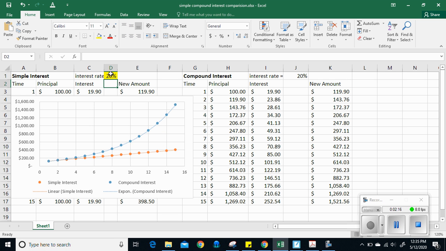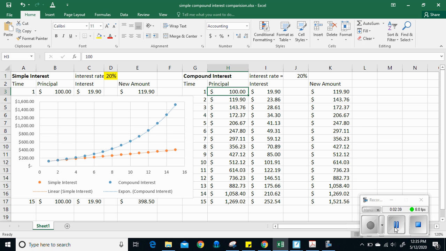Ooh, that's lots. And look at this. When you've got such a big interest rate, you go from $100 all the way up to $1,500. That's huge. This is why compounding interest is really great for you when you're investing and not great for you when you're borrowing money.